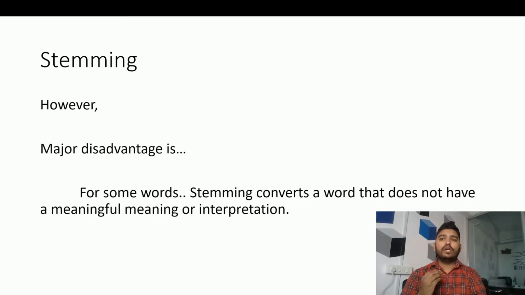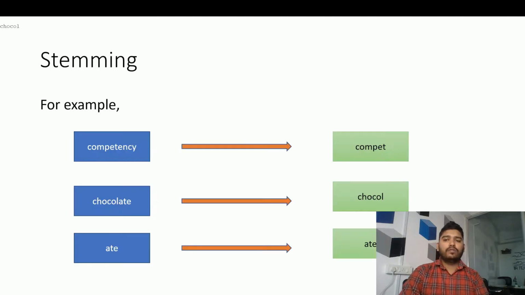It will just remove some of the prefix or suffix. For example, here we have a word like competency, and it converts it to compete, right? Suppose chocolate, it gives chocolate. Suppose at, it will give at.